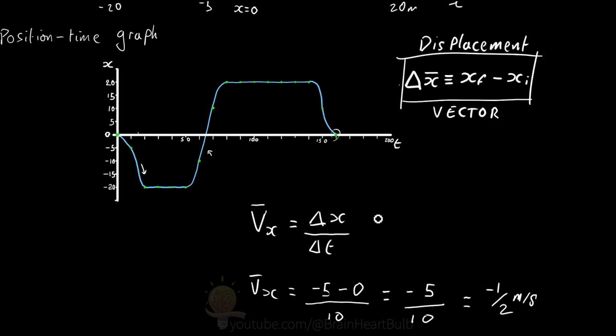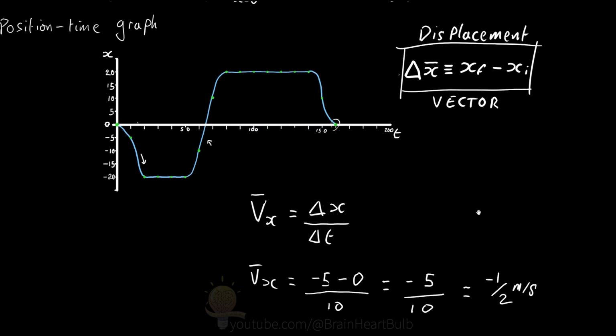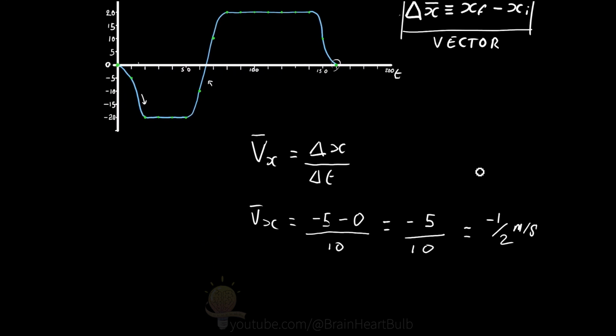So we can see here that the average velocity is also a vector value because it depends on the sign here and on the direction of the gradient. So in between 10 seconds and 20 seconds, we've got a steeper gradient. So that suggests that our average velocity is going to be higher. It's going to be a larger magnitude. Let's work this out.